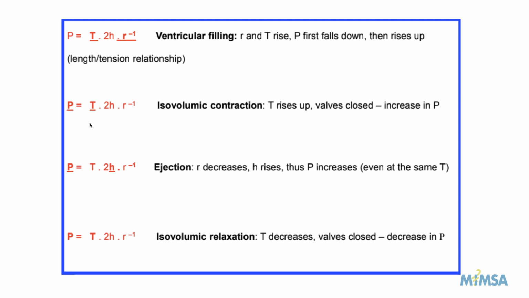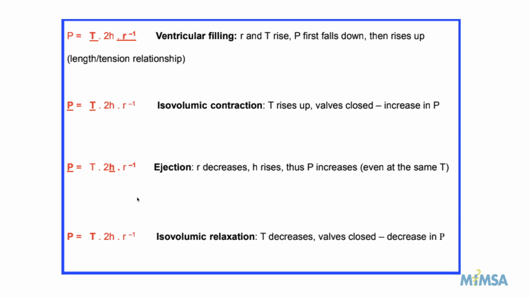Because the tension is increasing, this also affects the pressure. What you're trying to do in the isovolumic contraction phase is increase the pressure above 80 millimeters of mercury to open up the aortic valve. So this is why pressure increases in the isovolumic contraction.